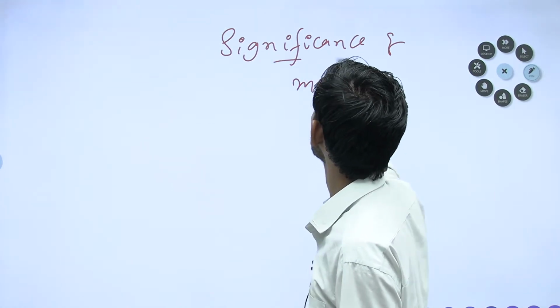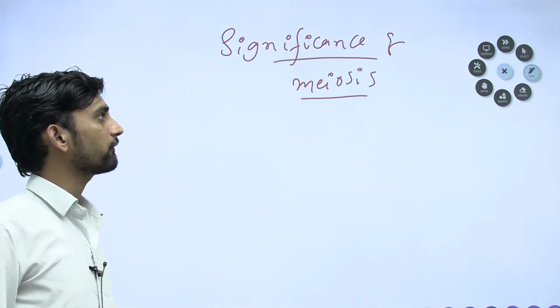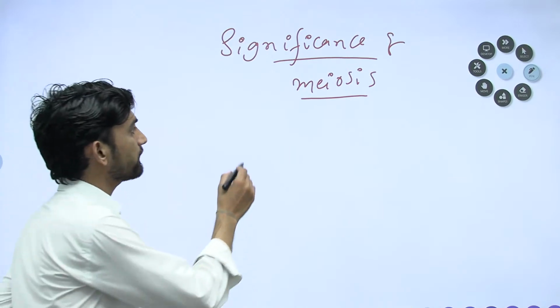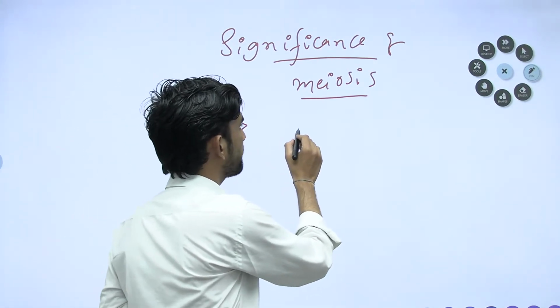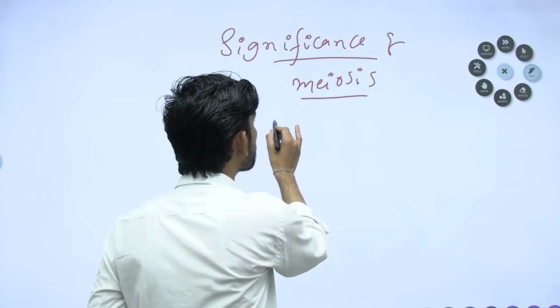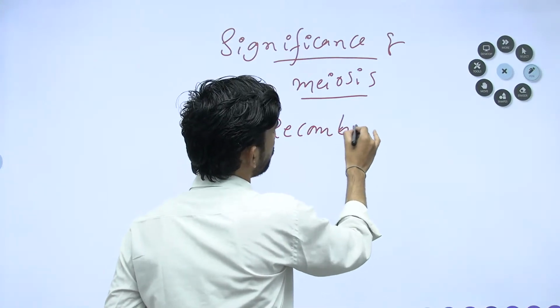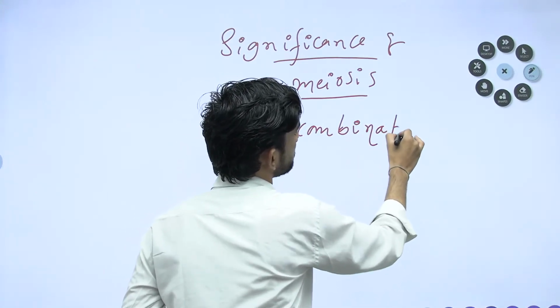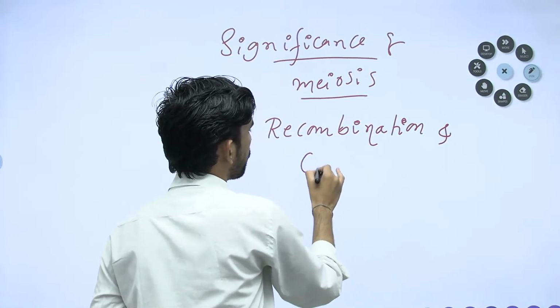What is the main significance of this meiotic cell division? First, number 1, this also maintains the chromosomal number, and along with that, by recombination, I've already told you that in Prophase 1 of meiosis, recombination and crossing over take place.